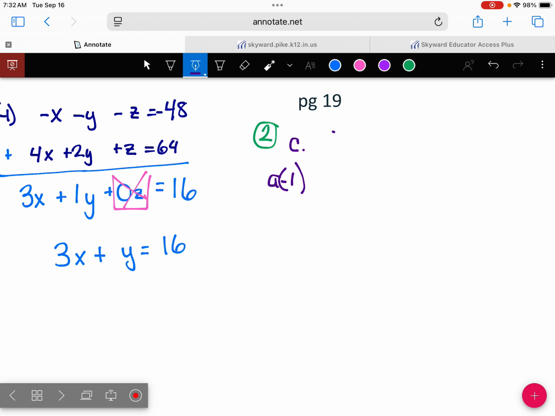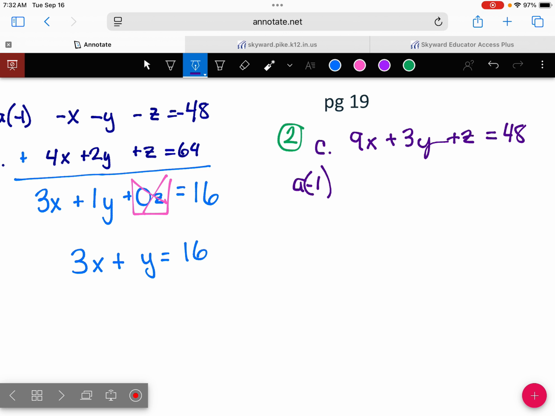Equation C is that 9x plus 3y plus z, that's a z, equals our 48. And if we take equation A times our negative 1 again, we'll have our minus x minus y minus z equals minus 48.